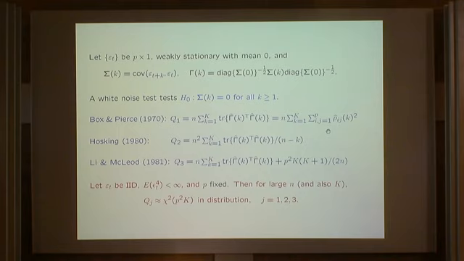We are not genuinely testing IID, because if you really want to test IID, you should look beyond linear dependence. But if you want to test linear dependence, you need this IID condition in order for this theory to hold. Of course, you need the fourth finite moment as well. So that's the classical result of the portmanteau test.